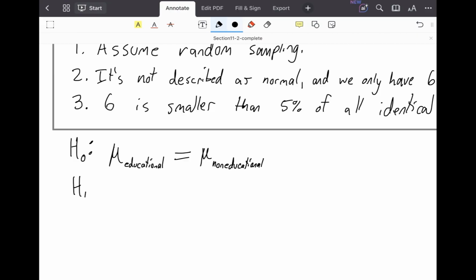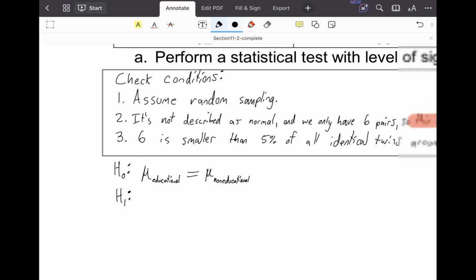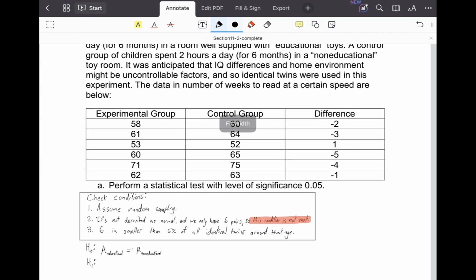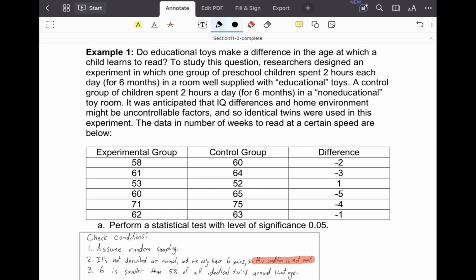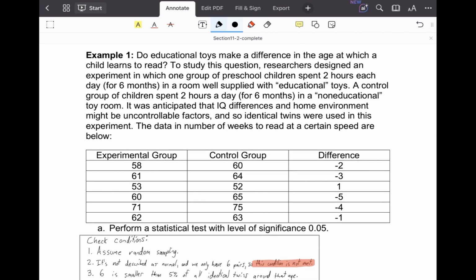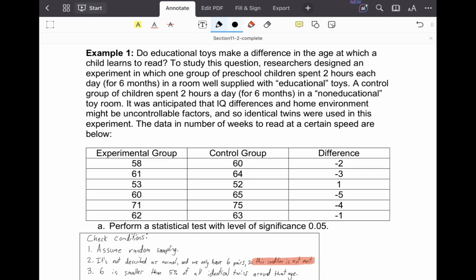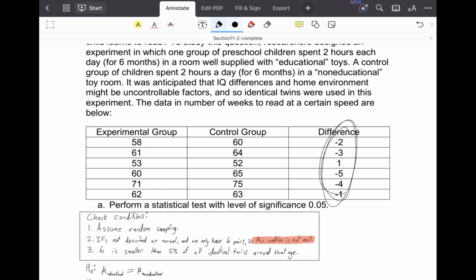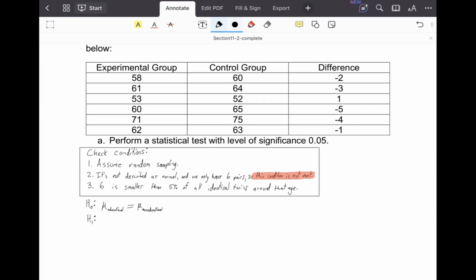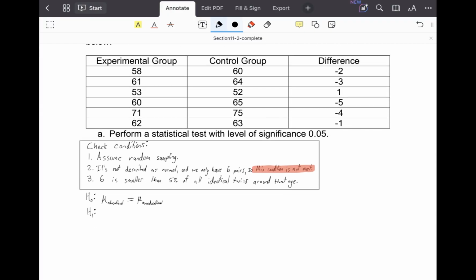Okay, the alternate. And we have to double check. It doesn't really say the direction, but most of these are negative, and I would imagine that they want to show that it takes less time to start reading with the educational toys.